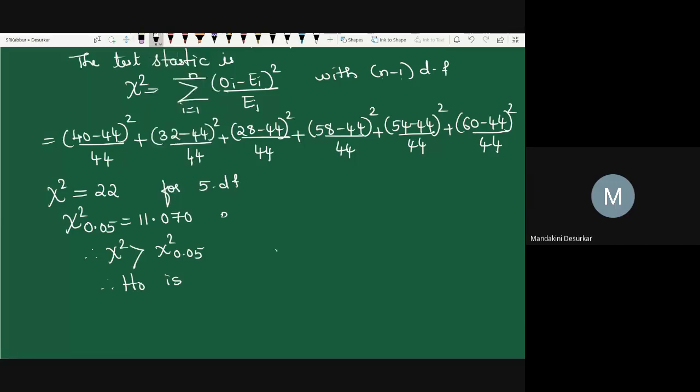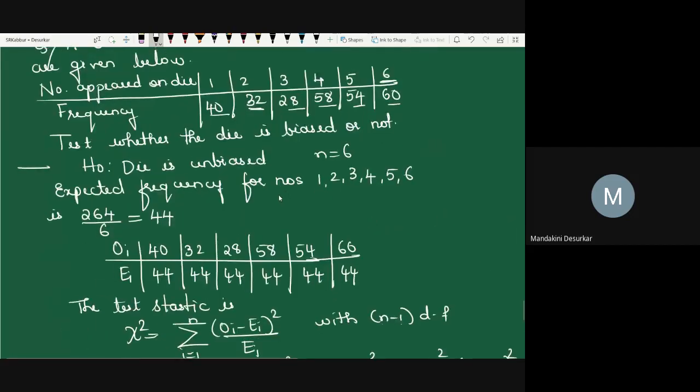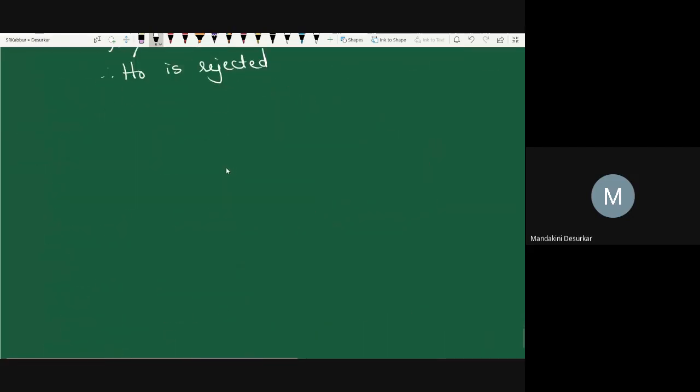So chi-square is greater than this, so H naught is rejected. What was my null hypothesis? The die is unbiased. Therefore, the die is biased. This is my conclusion.